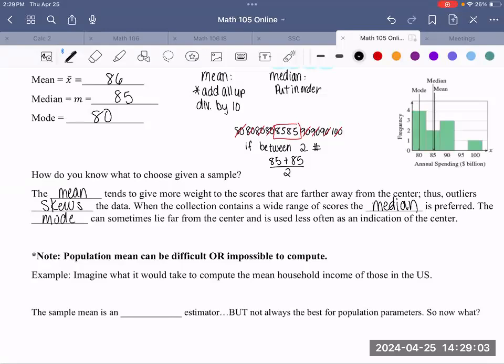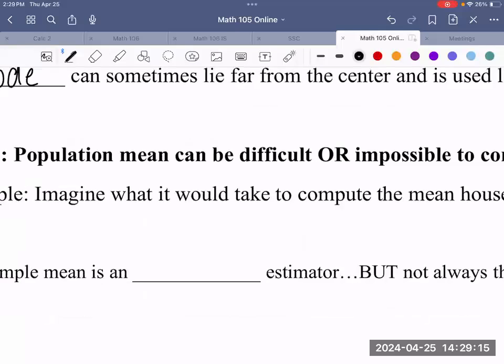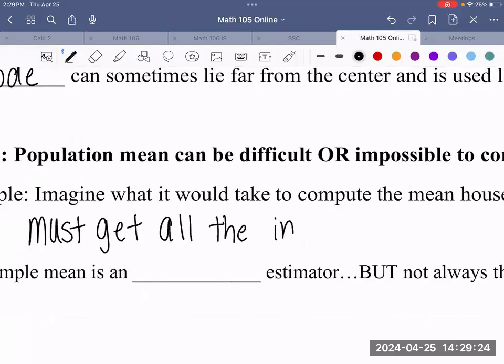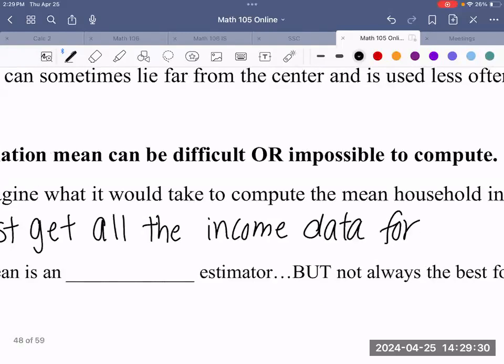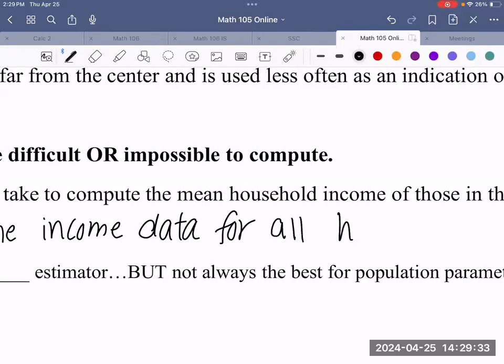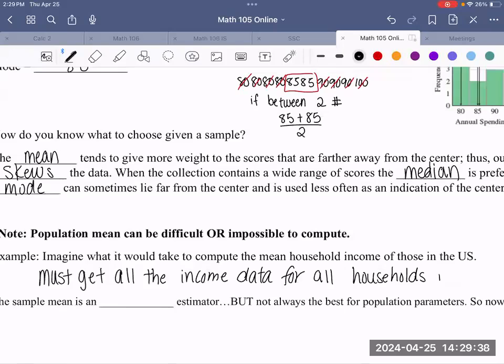That means we must get all of the income data, all of the data for all of the households in the US, something that's so hard to do, very impossible, right? Emphasis on all, right? Something very, very difficult to do.